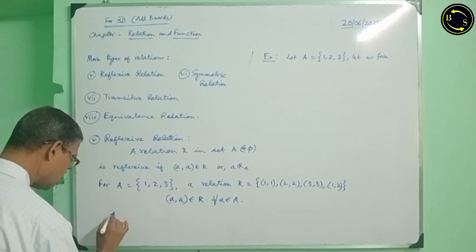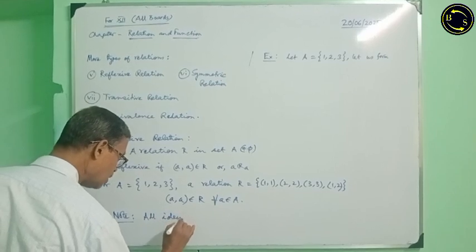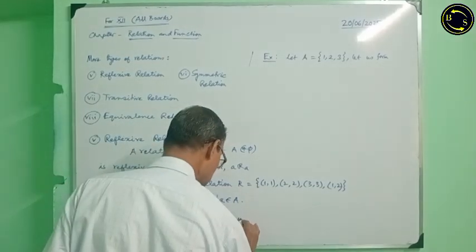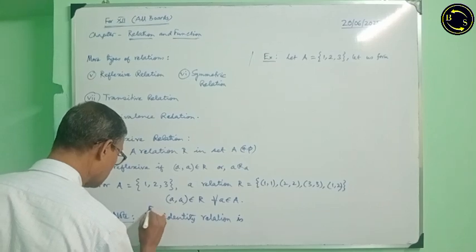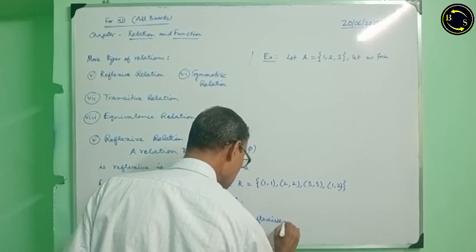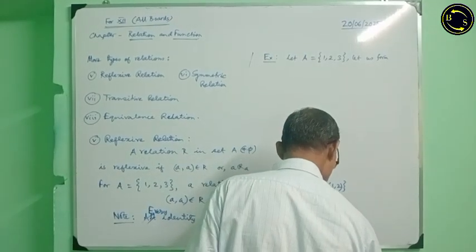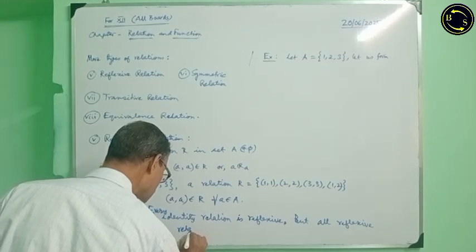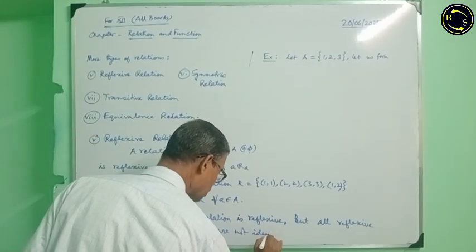Therefore, we can make this note: every identity relation is reflexive, but not all reflexive relations are identity relations.